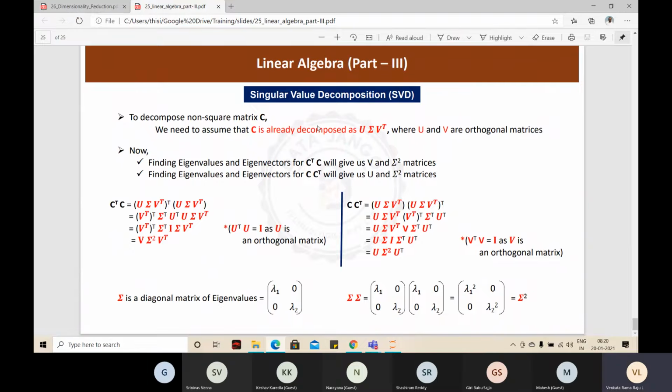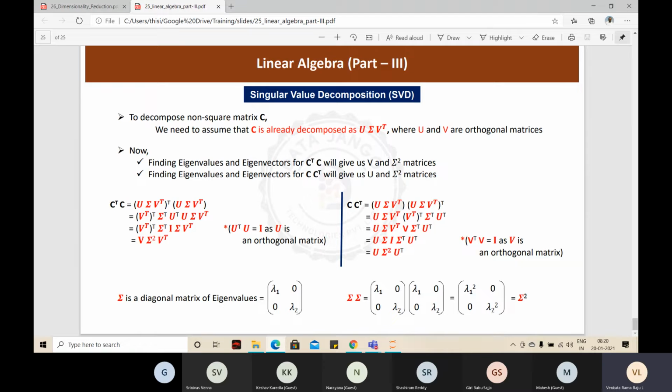In our current example, what I said was we will take a covariance matrix and then apply eigenvalue decomposition. That is equivalent to doing singular value decomposition, because singular value decomposition is nothing but eigenvalue decomposition magnified.